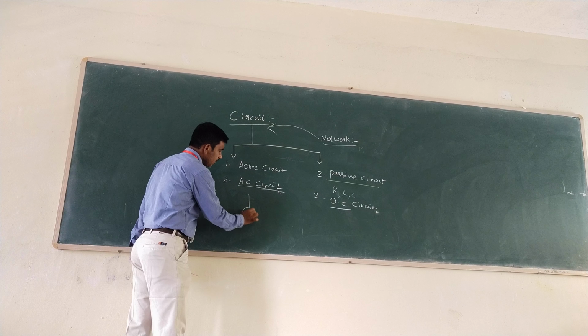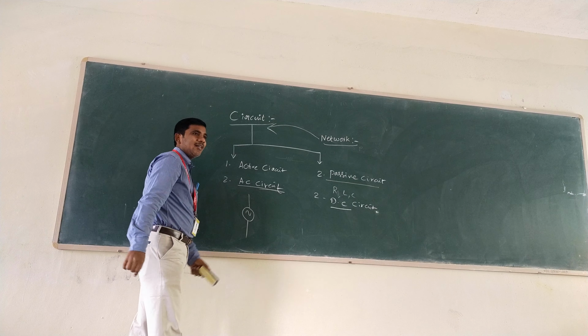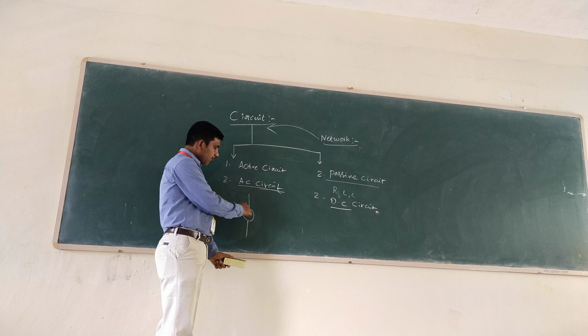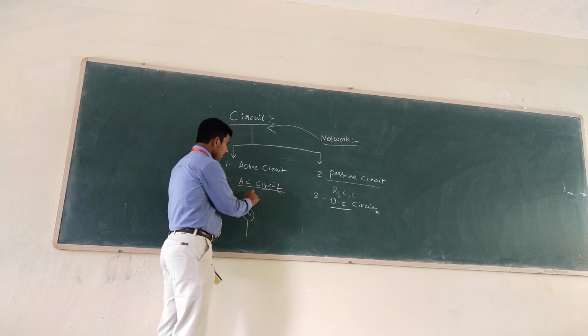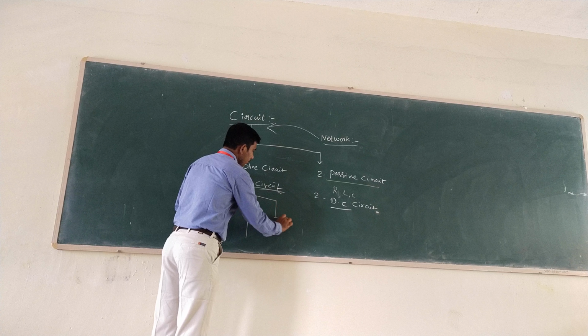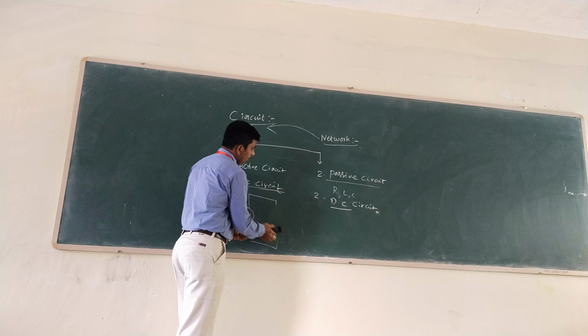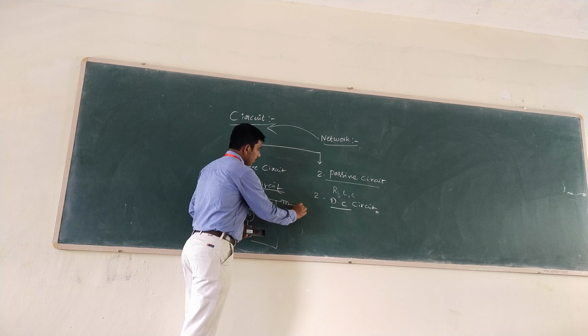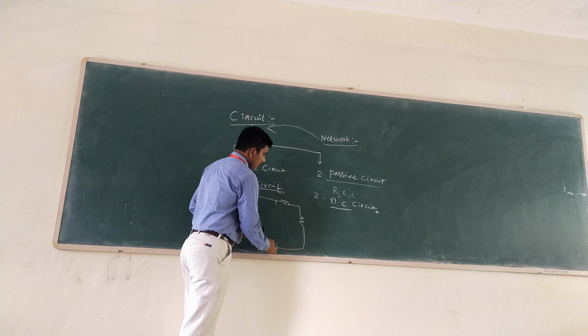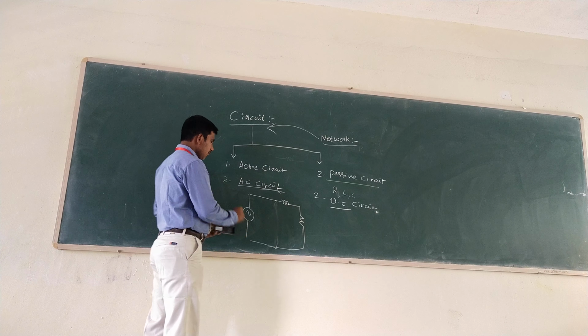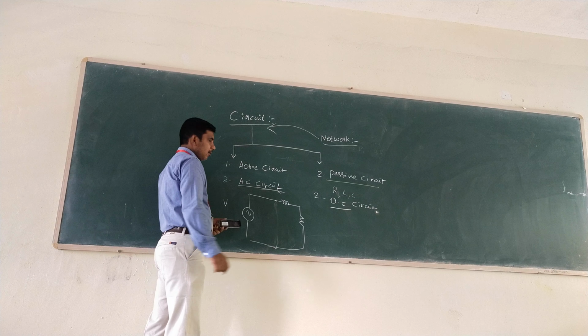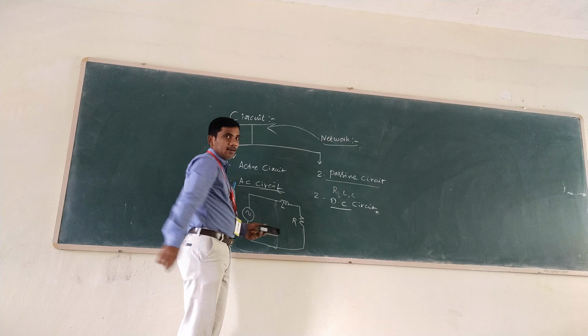AC circuit in the sense, it has an AC source. We can represent any AC source like this, alternating, one cycle. Then it is connected to one circuit. There is a load, or we can connect R or L, like that. If you connect, it is a voltage source with L or RL.